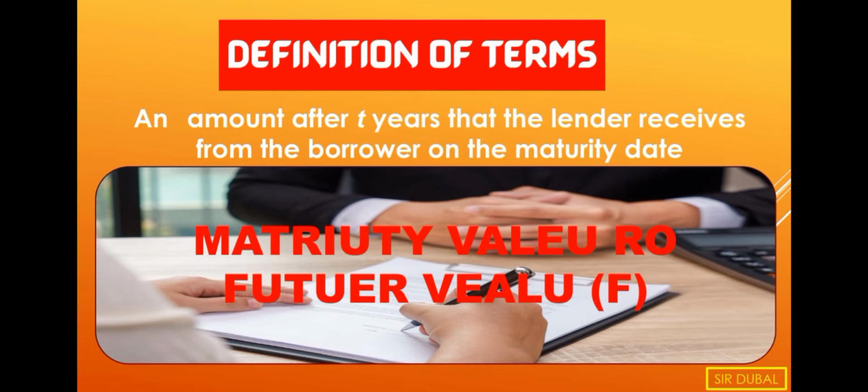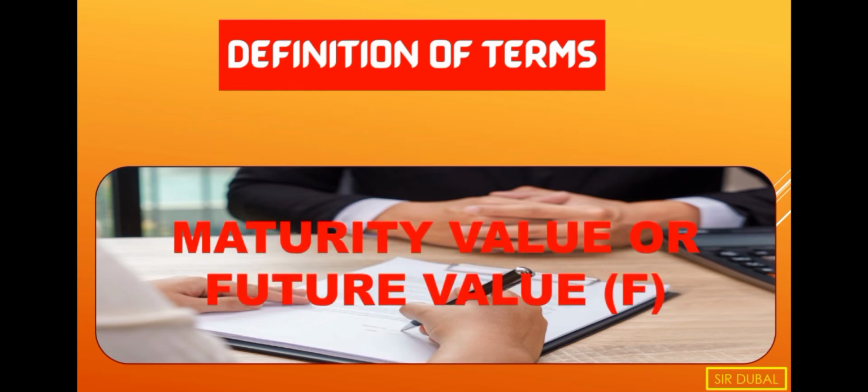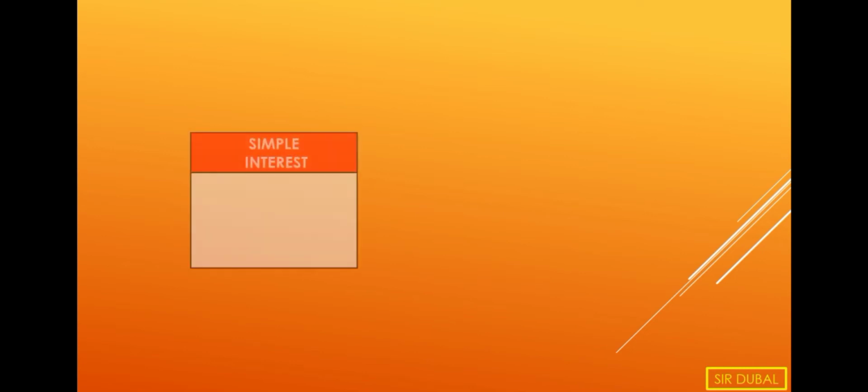What do you think that be? The answer is maturity value or future value. So those are the terms that we are going to use later on in illustrating simple and compound interest.